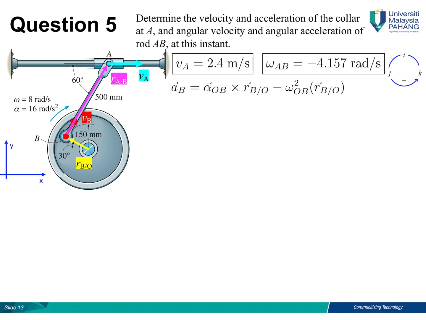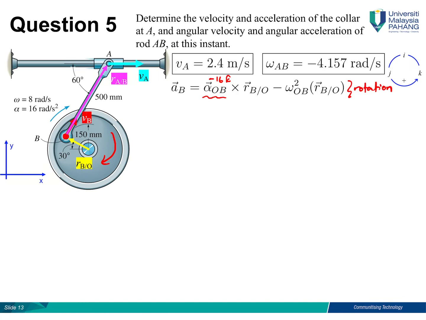So for AB, this is a rotation. Point B, OB is having a rotation, the disk. This is rotating in clockwise direction. So AB, we will use this equation, alpha OB, which is given, this one. This is 16K, and it's going to be minus because it is clockwise.